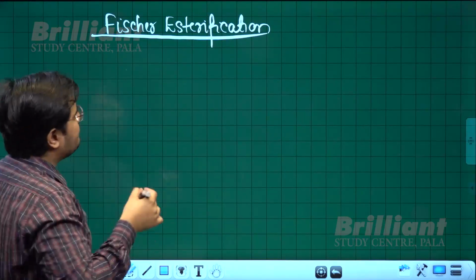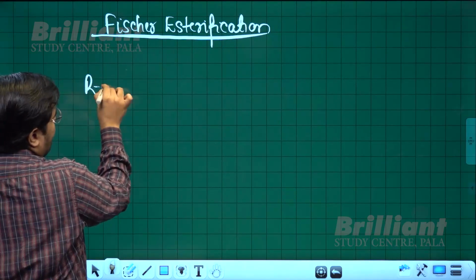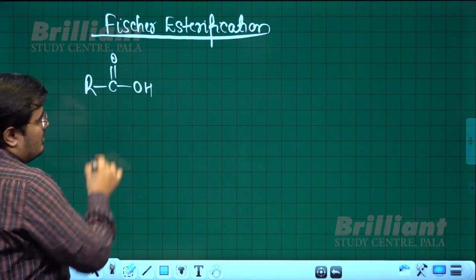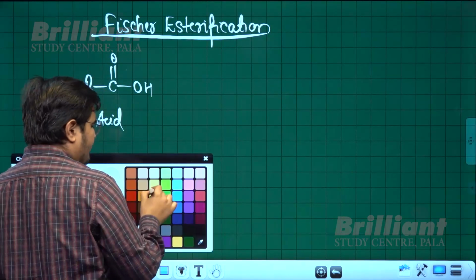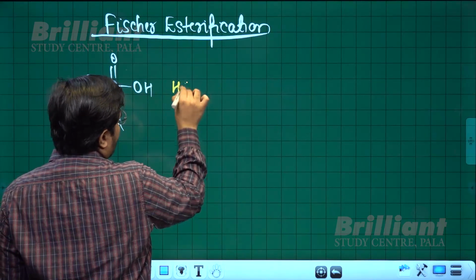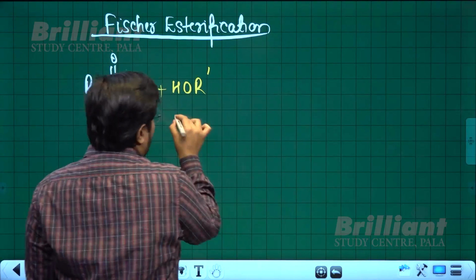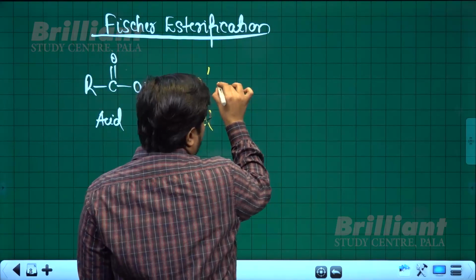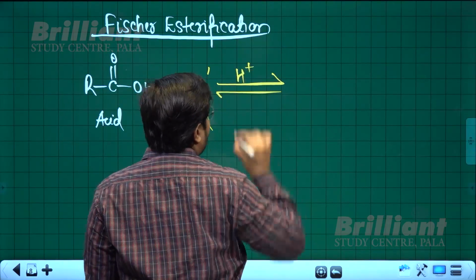In this case, we take a carboxylic acid, RCOOH, and treat it with an alcohol. Let's say my alcohol is HOR'.